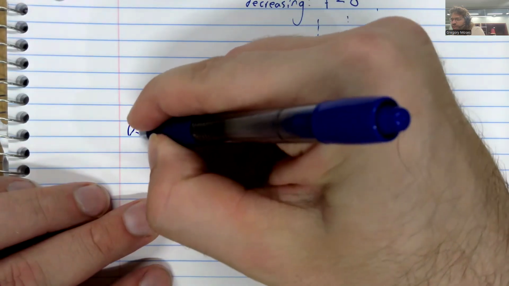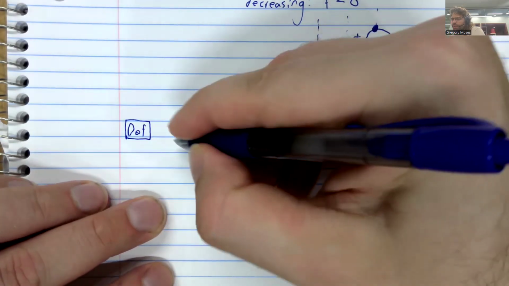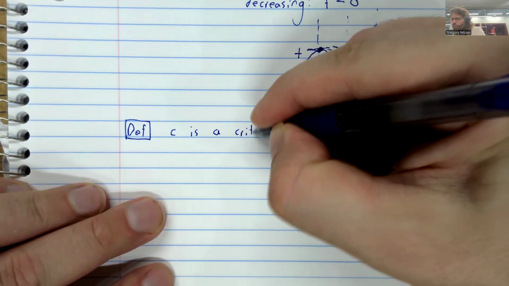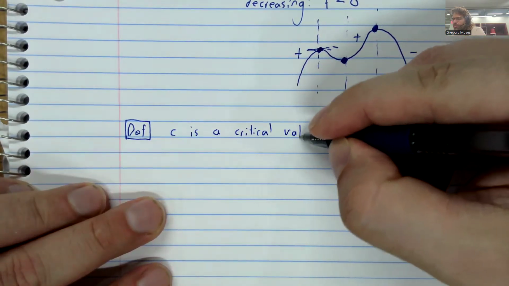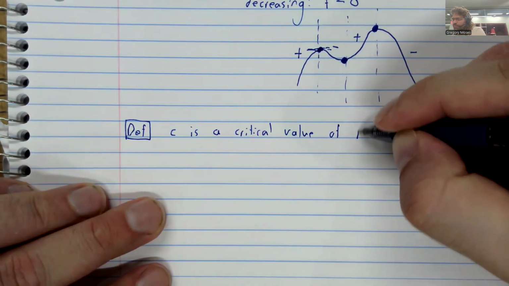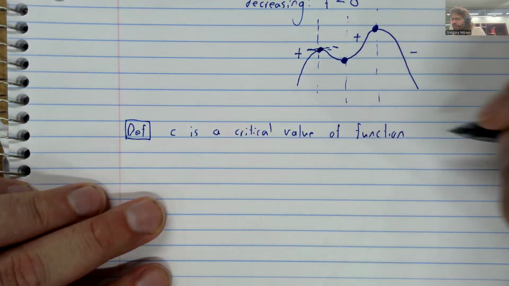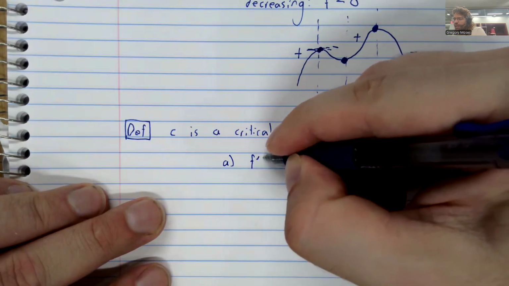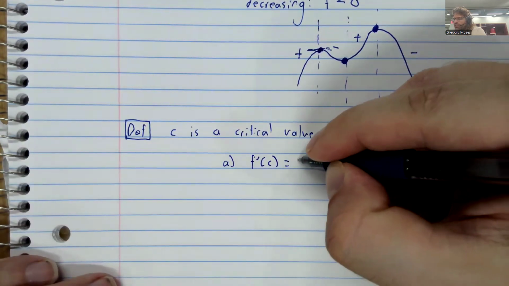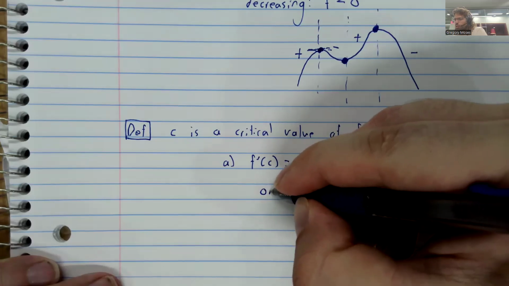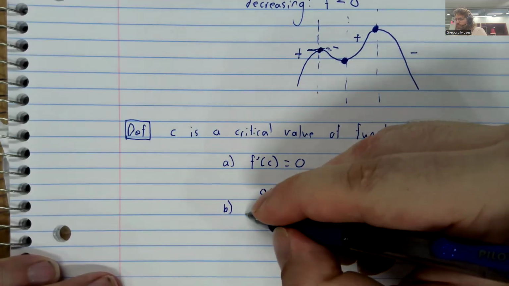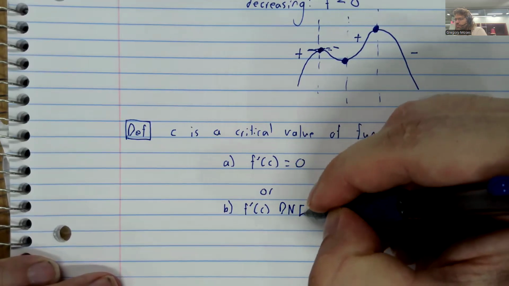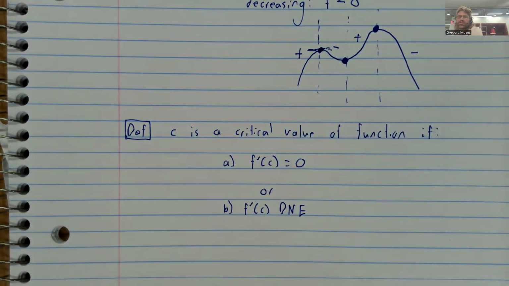We'll state a definition. C is called a critical value of the function if f prime of c equals 0 or f prime of c does not exist.